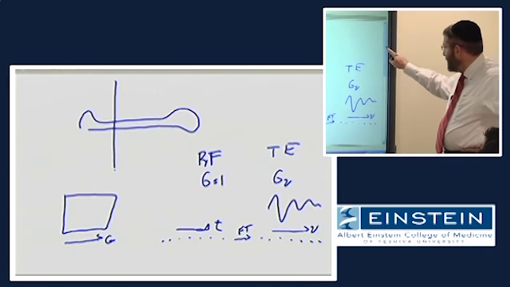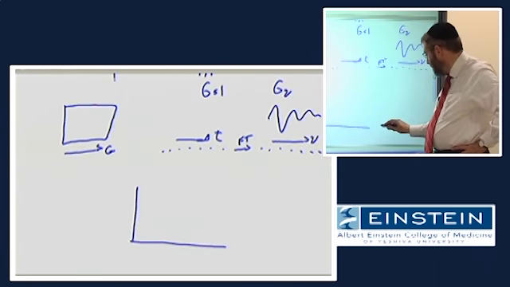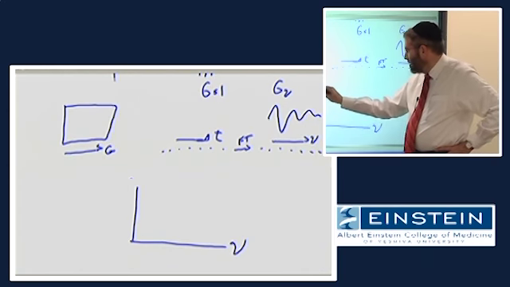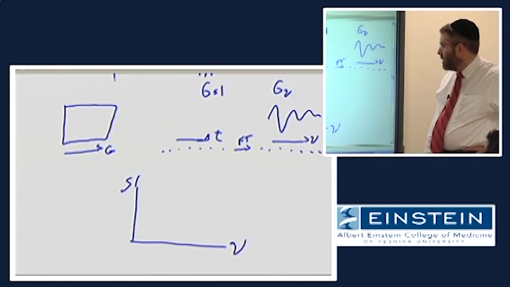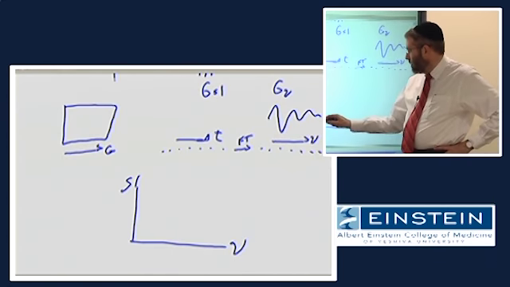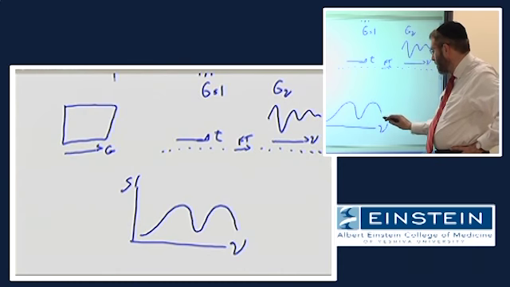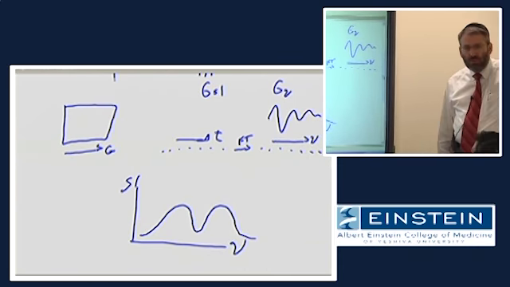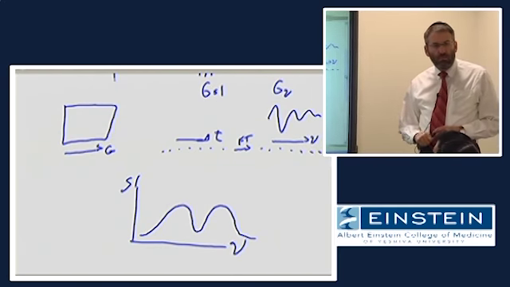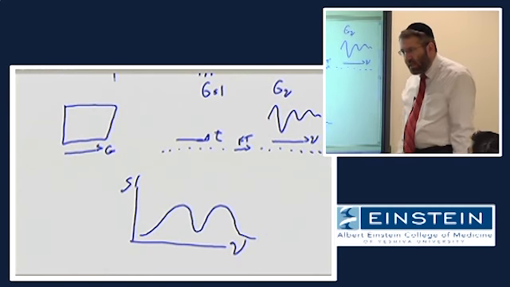If we simply now plot signal intensity versus frequency, what's it going to look like? What does that represent? This is through the legs.